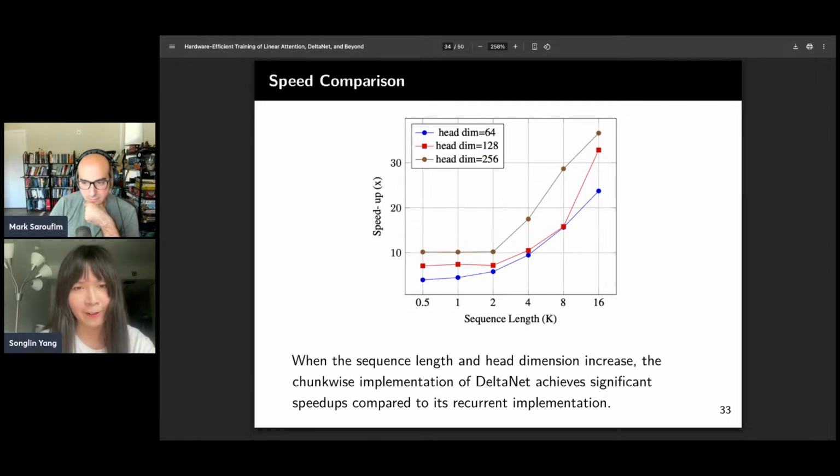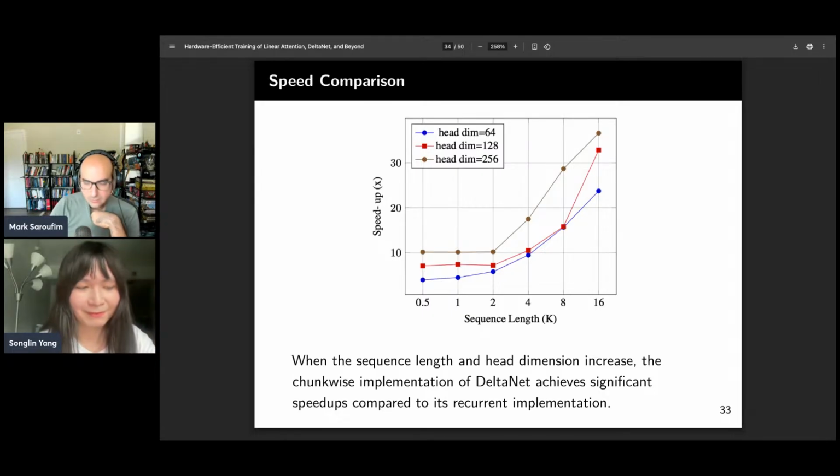Because for long chain of thought reasoning, this in-context retrieval is very important because you don't want your model to forget the intermediate steps, right? If the model does not have a good in-context retrieval ability, it will immediately forget the intermediate results and the intermediate thoughts, and then it cannot have a good performance in long chain of thought reasoning.